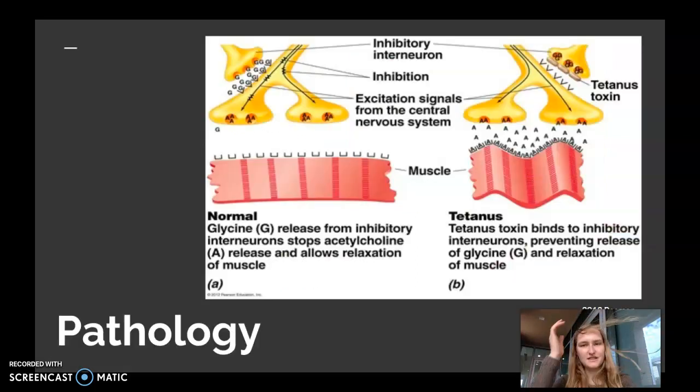And so here's the pathology of it. Once it gets to the neurons, it specifically targets motor neurons, and you can see here it binds to the interneurons that inhibit the release of signals. Normally a muscle gets a signal from the neuron to contract, but when the tetanus toxin binds there instead, it prevents the relaxation of the muscle.